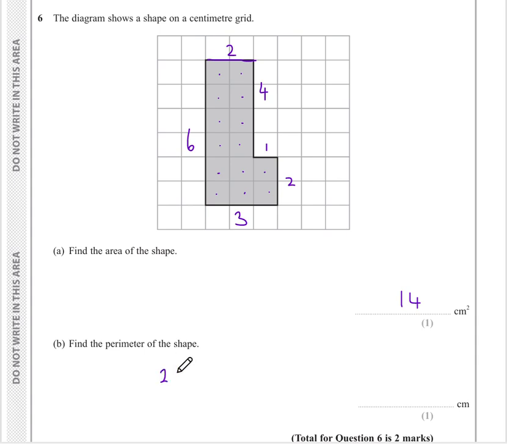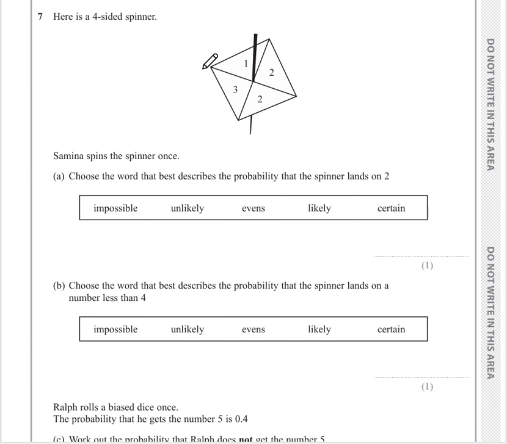So to work out the perimeter, we need to add up those lengths. Which should give us an answer of 18 centimetres.